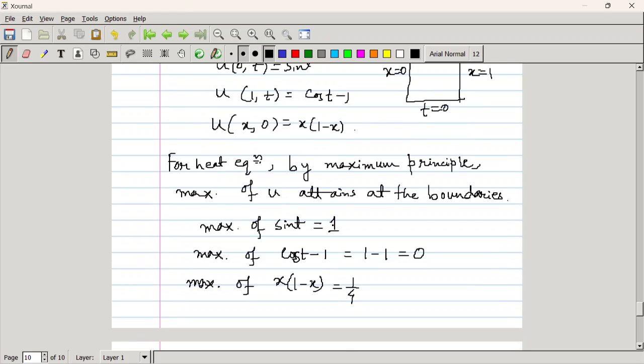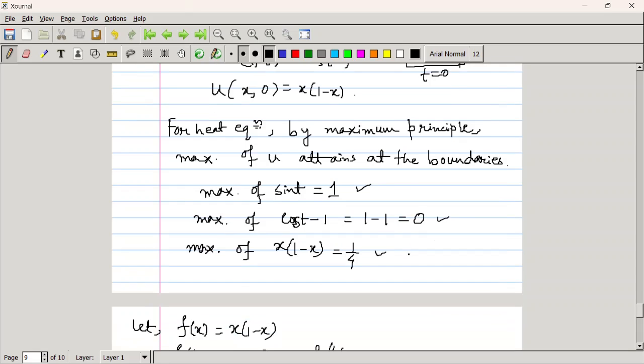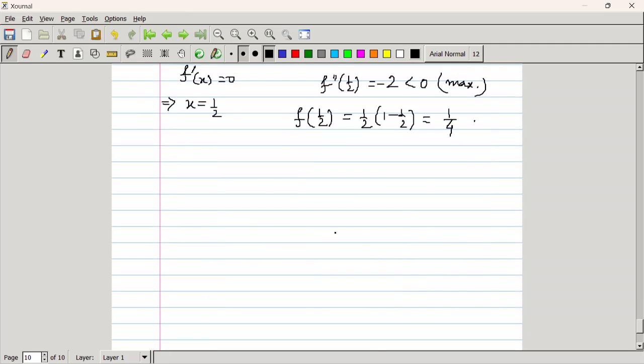So now the maximum value of u attains at the boundaries. The maximum value of sin t is 1, the maximum value of cos t minus 1 is 0, and the maximum of x into 1 minus x is 1 by 4. So what is the most maximum among these three things? 1, 0 and 1 by 4. So the most maximum is 1. So the answer is 1.